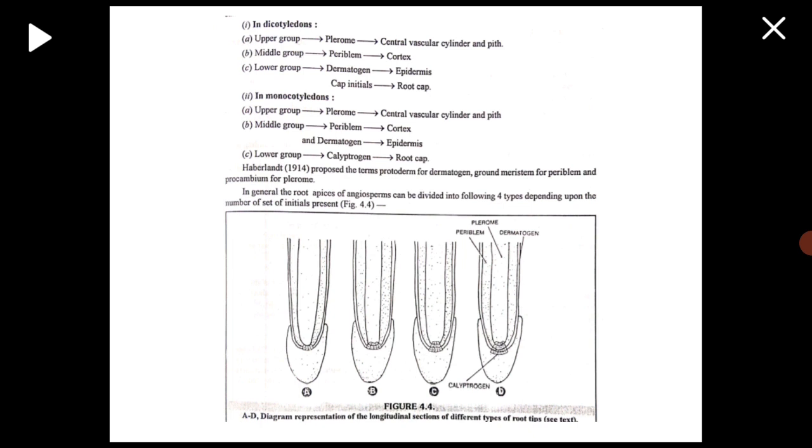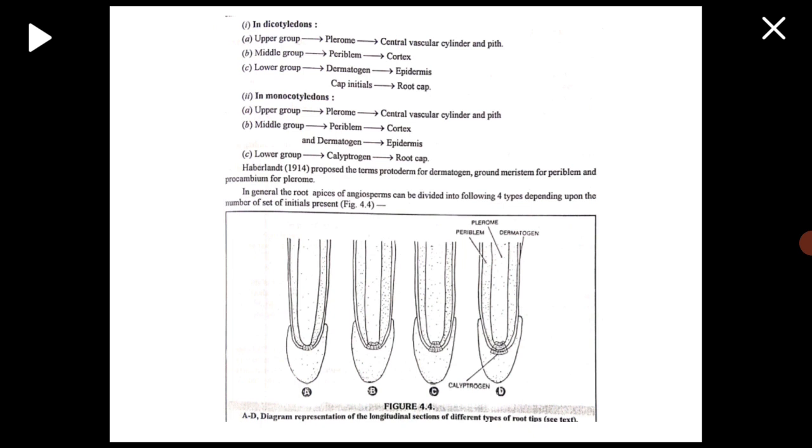Three rows of initials: the outer layer forms root cap and epidermis, the middle layer forms cortex, and the inner layer forms the central cylinder. Example: the majority of dicotyledons and some monocots.